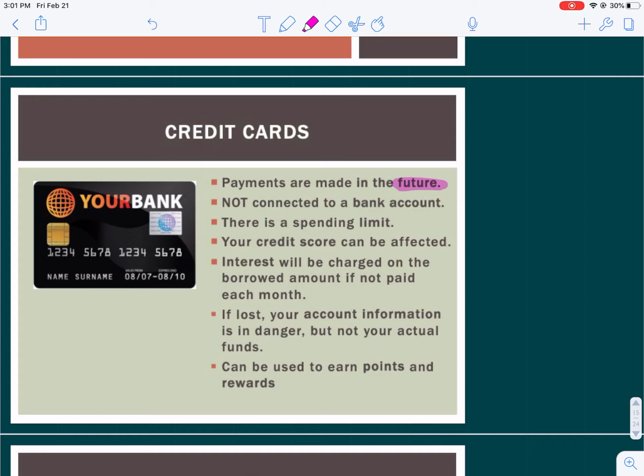Your credit score can be affected, and interest will be charged on the borrowed amount of money. So interest is charged from credit cards, depending on how much you borrowed and if you did not pay. If lost, your account information is in danger, but not your actual funds. Can be used to earn points and rewards.